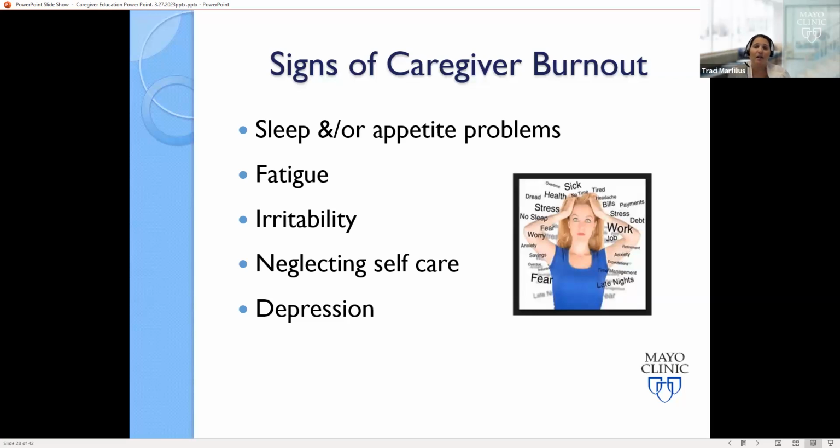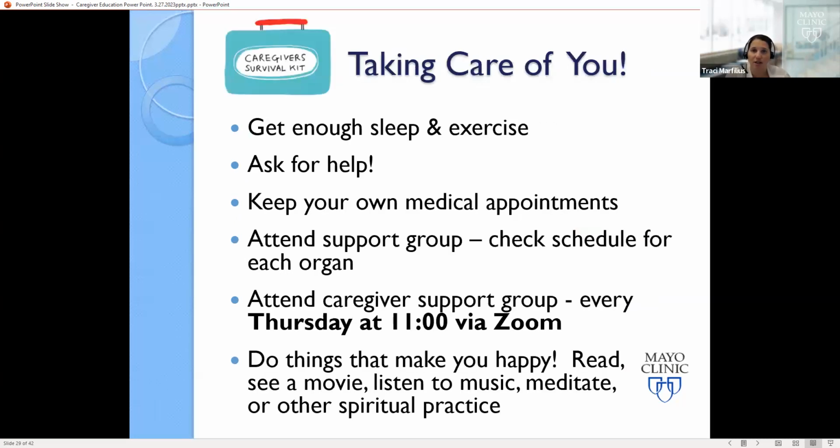You're neglecting your self-care, which can include not going to your own medical appointments, and not doing things that you do to de-stress. So we all have things we do to de-stress, right? Some people go to the gym, some people go for a walk, some people spend time with their friends, go to lunch. And we have a tendency when we're caregiving, of course, those things fall to the wayside. And being more depressed or anxious.